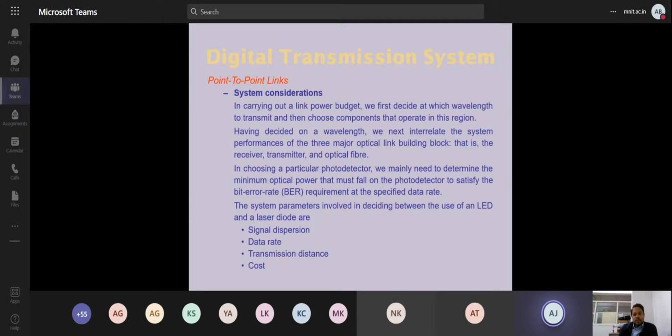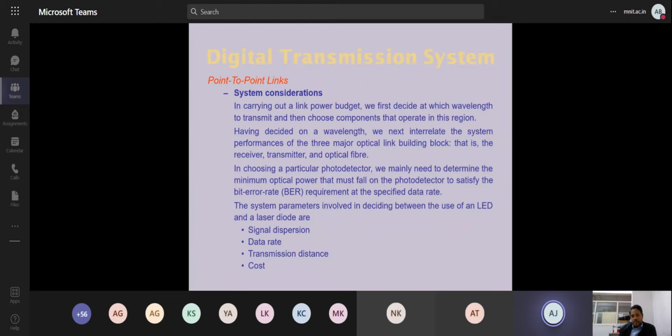So the system considerations which you have to consider in a link power budget is what should be the wavelength and how much is the power at that wavelength.